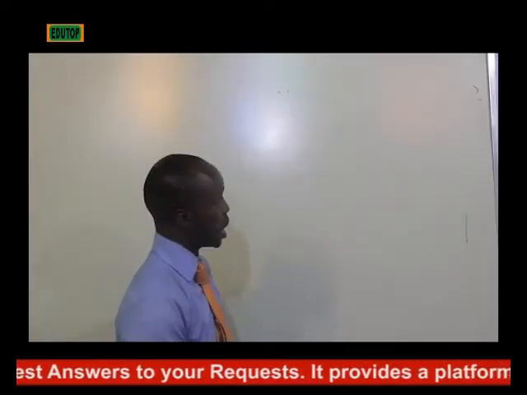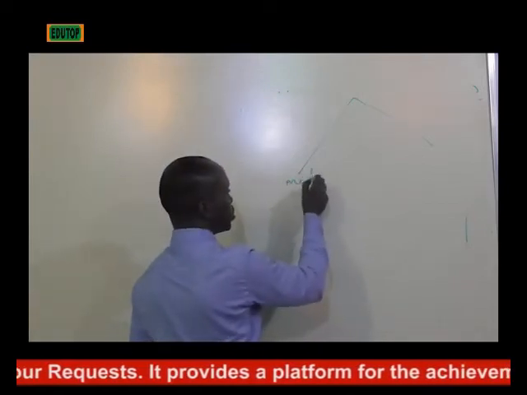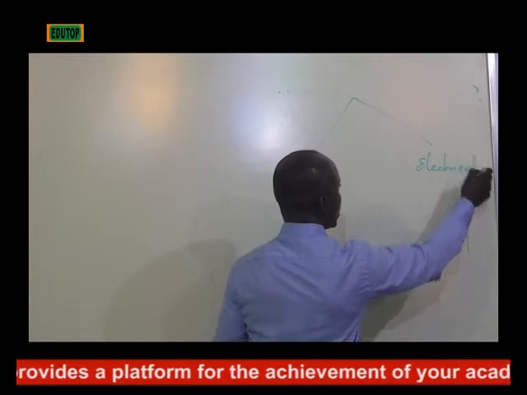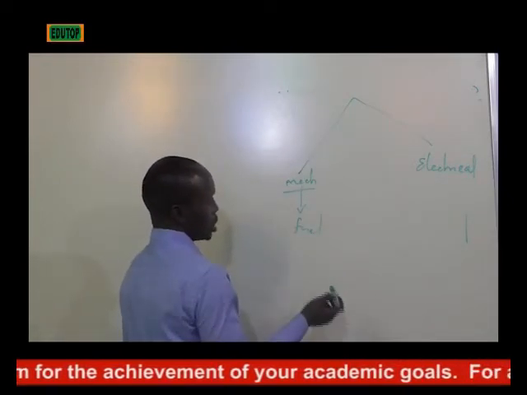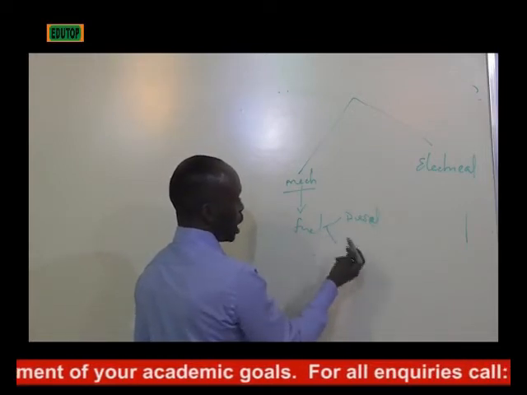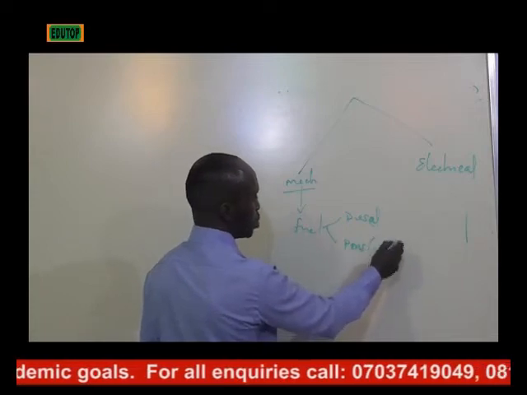Like in your generator, there are two sections. We have what we call the mechanical section, and we have what we call the electrical section. It is in the mechanical section that you put your fuel, whether it's diesel or your PMS. That's what we call petrol.